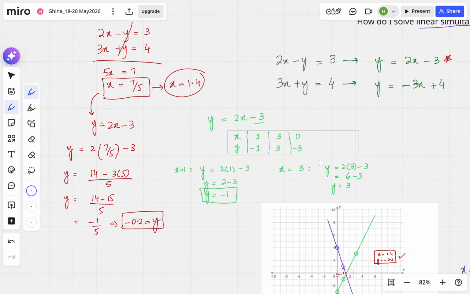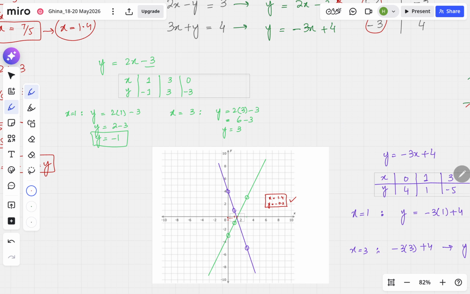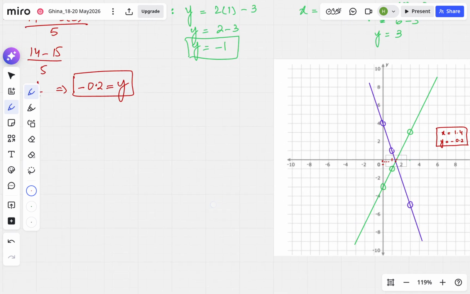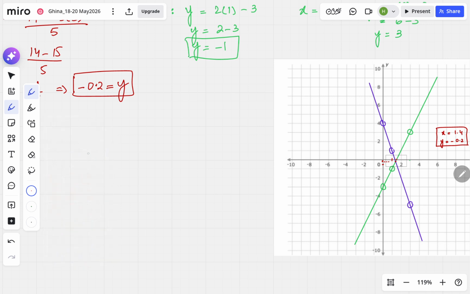Now the third thing is that you can also check whether the slope for these two lines is exactly what is given over here, plus 2 and negative 3. So how can you check it? We know that the formula for the slope is m, which is the slope, equals rise over run.